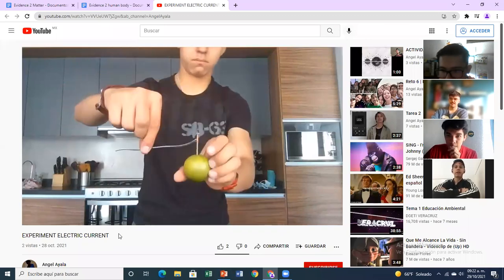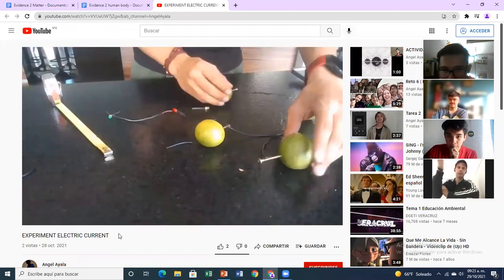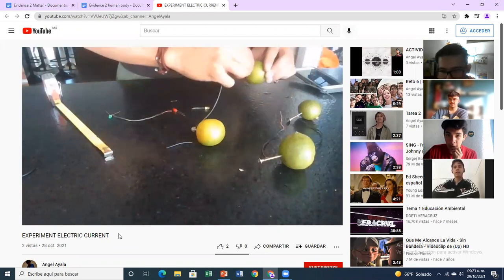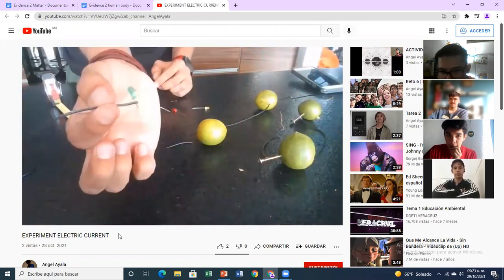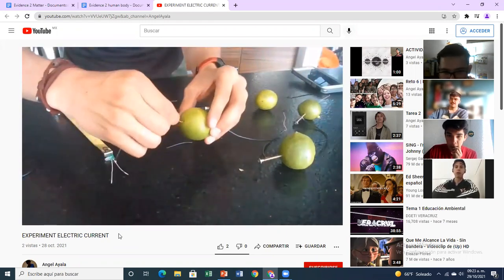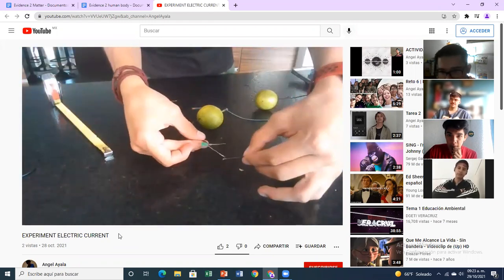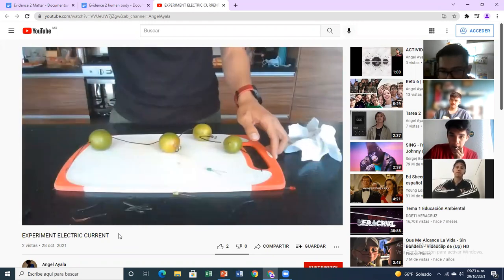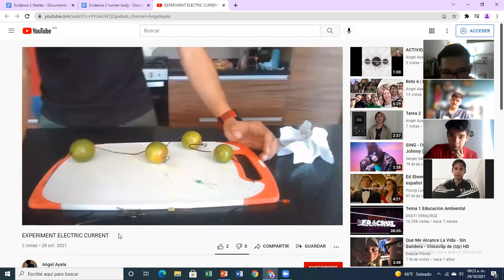Something interesting is that the experiment says the nail has to be in the peel, which is actually wrong. You have to get the nail inside the lemon as far as you can to get the best results.